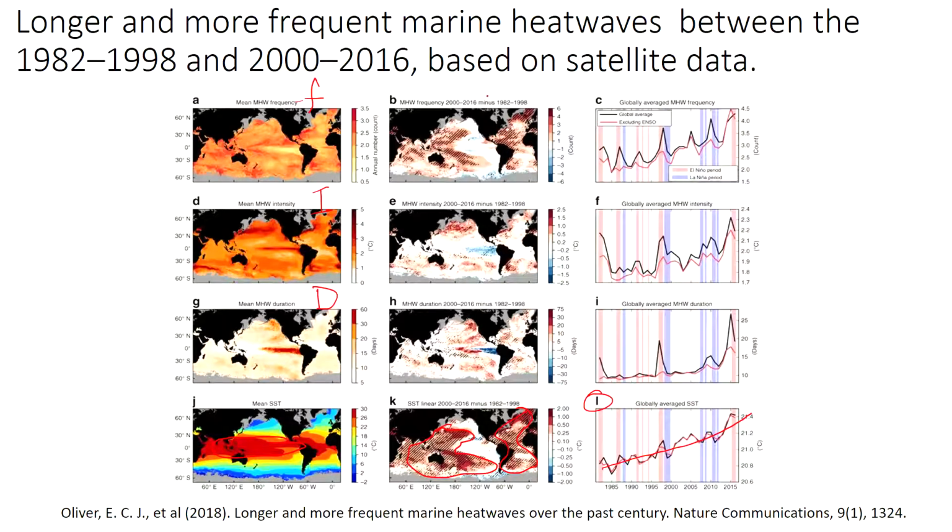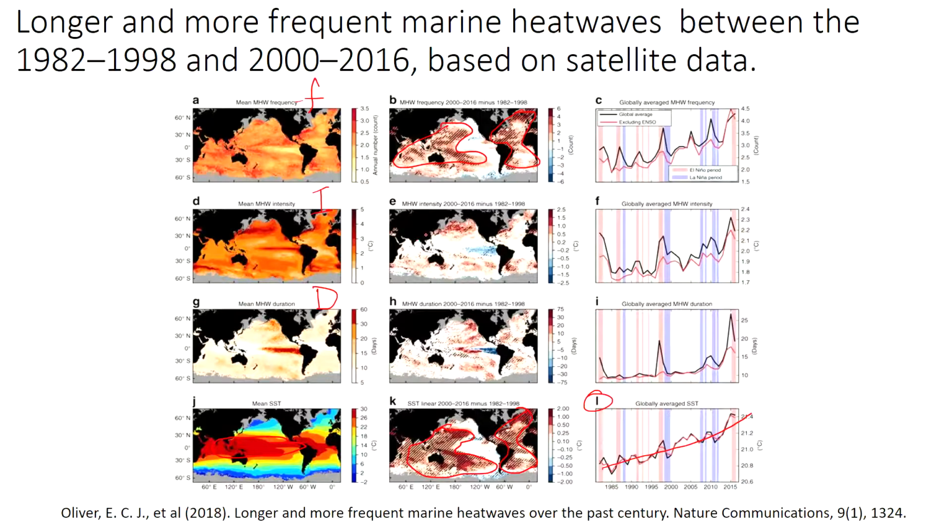But if we look at how that's changed over the last few decades, frequency has increased in the areas of the ocean which have got warmer, so the Atlantic, the Pacific and Indian Oceans. These regions have not only got warmer, but they are experiencing more frequent heat waves.